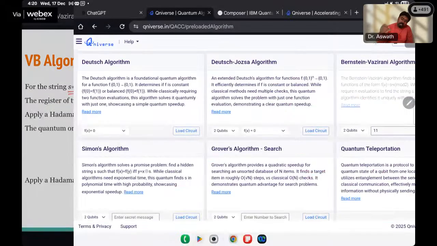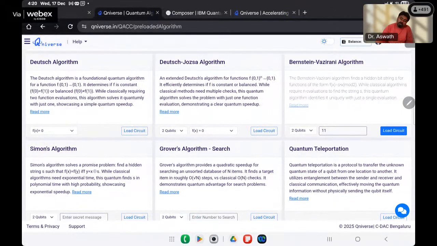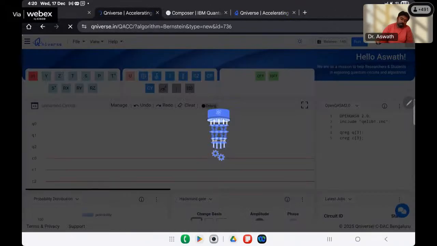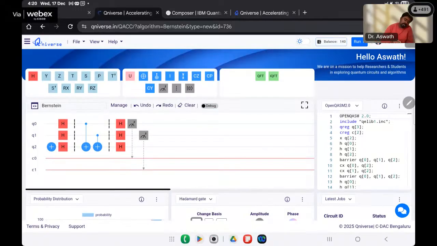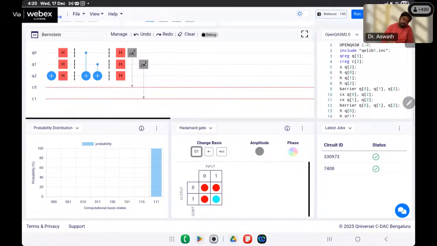Corresponding to that, I will ask the system to please load the circuit. So it loads the circuit. You see, this is the circuit I have. The circuit even makes a measurement and gives us the output 1 1. There is a confusion here. Please remember, in Qiskit or in IBM Quantum Experience, the first entry, the topmost entry, is the rightmost qubit. The second one comes next, and the last one comes to the left extreme.